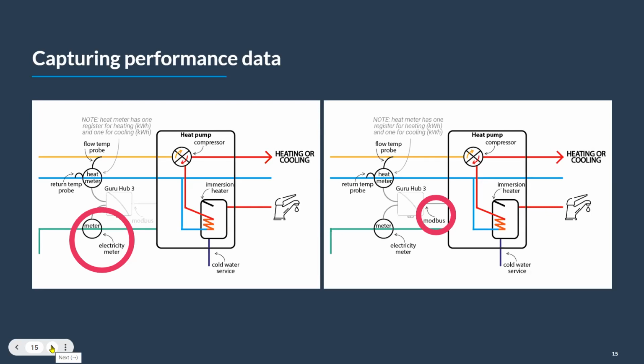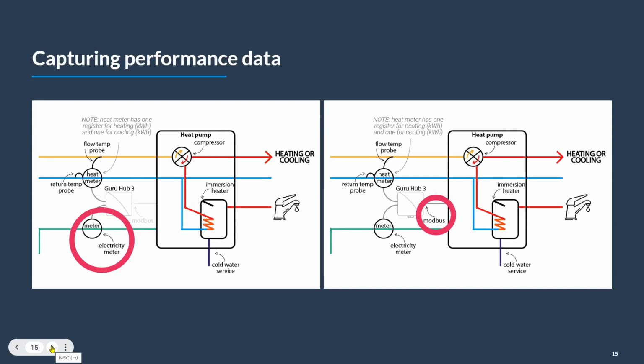The diagram on the right shows the top tier monitoring. This would be a direct, machine to machine Modbus connection to the heat pump itself. We would use Modbus in most cases. This can help us extract things like fault codes for remote diagnostics of issues.